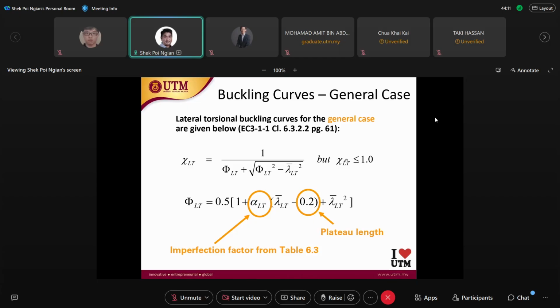After you calculate your phi LT, then you replace it in the formula for chi LT.